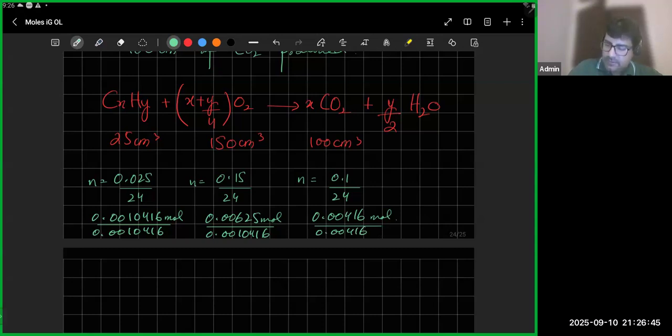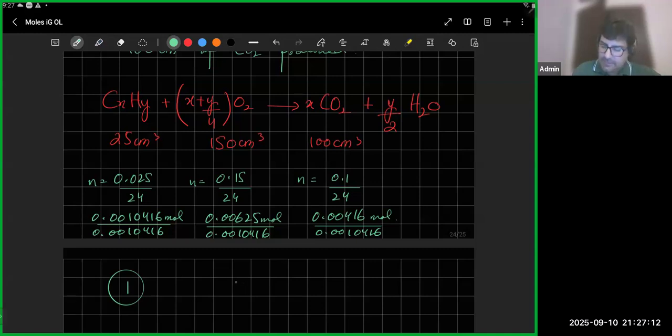That went wrong. 0.00104116. Now the first one is 1. In whole number ratio, that's 1. What is the next one? 0.00625 and divide that by 0.00104116.